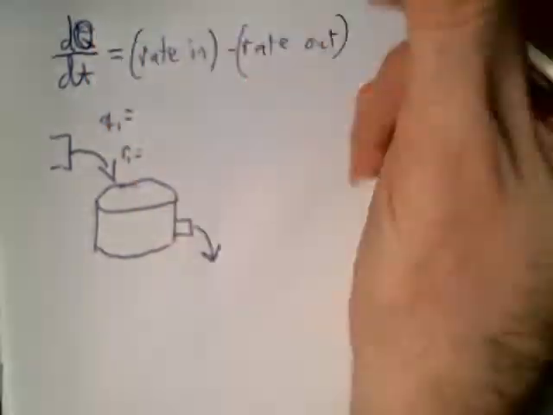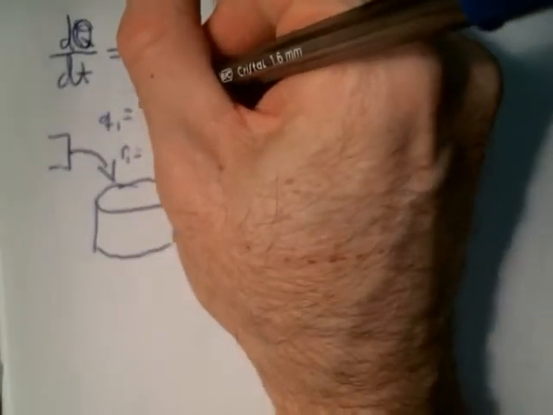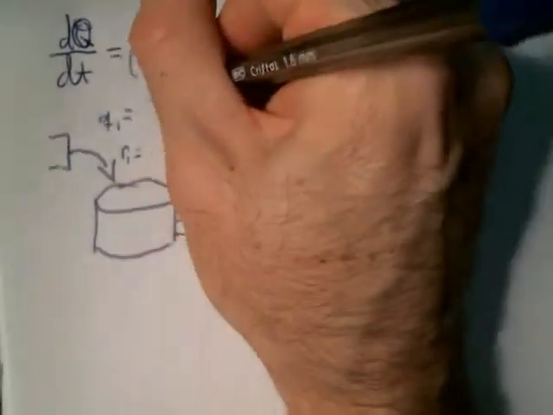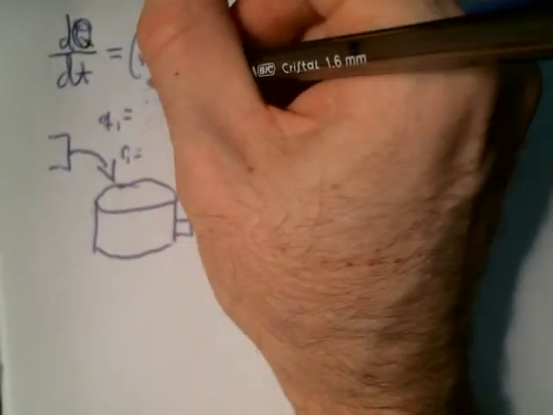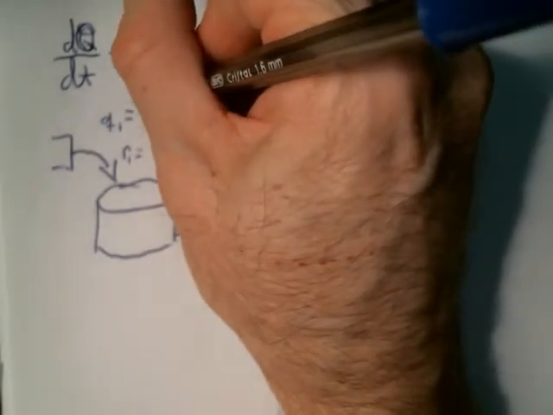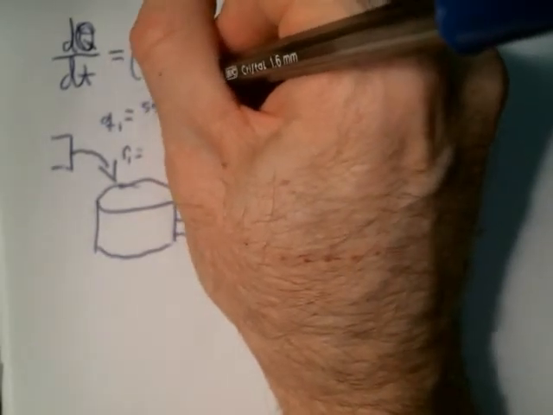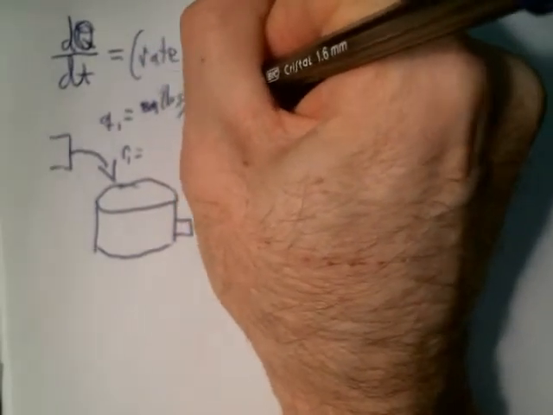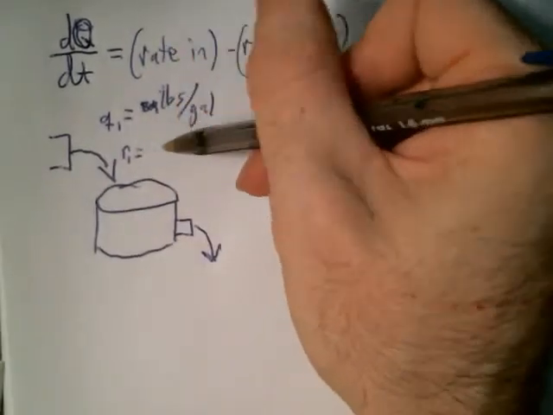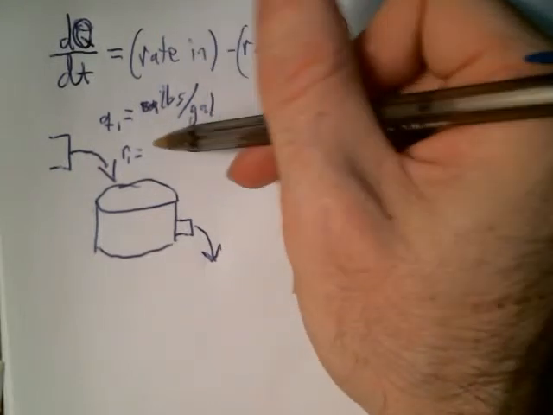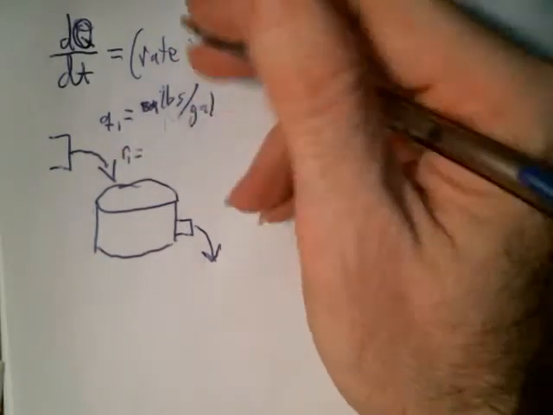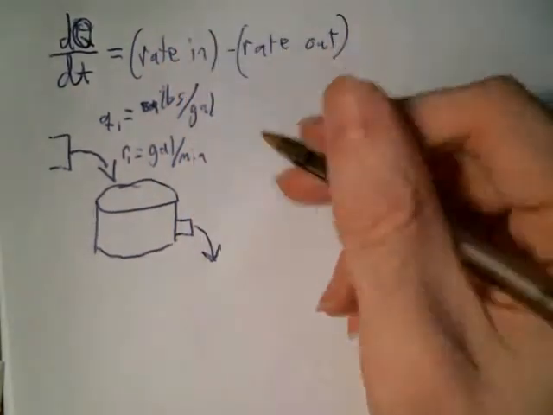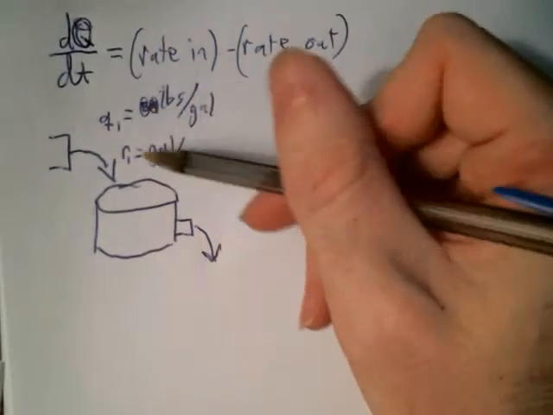Q sub 1 is the amount of salt per gallon coming into the tank, so its units will be pounds per gallon. R1 is the amount of gallons of salt water coming in per minute, so its rate will be gallons per minute. This information is given to you.